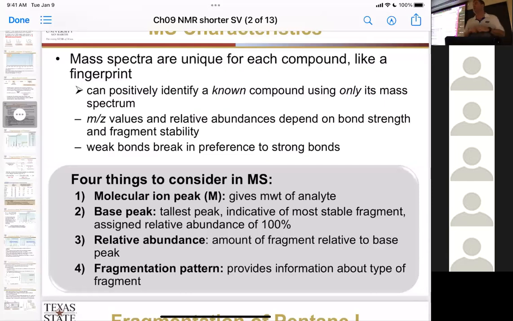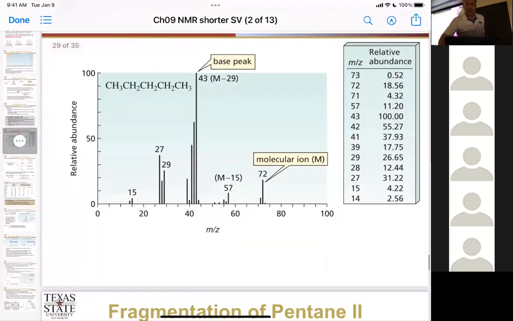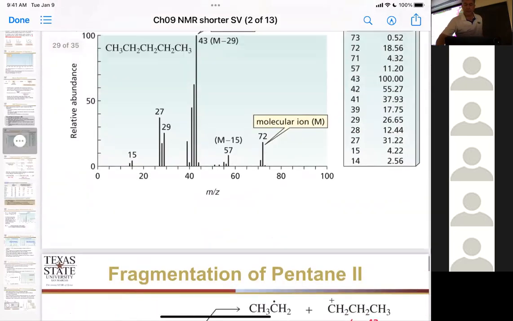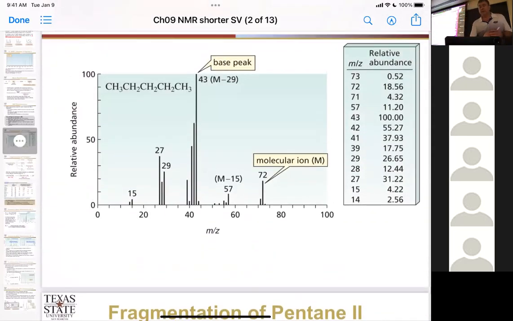Okay, and then fragmentation pattern. You can see an OH clip off because that'll lose 17. You can see a CH3 clip off because it'll lose 15. You can see a CH2 fall off because it'll lose 14. You'll see these things falling off and there's their fragmentation pattern. Okay, so you should be able to identify those four things on any spectrum here.